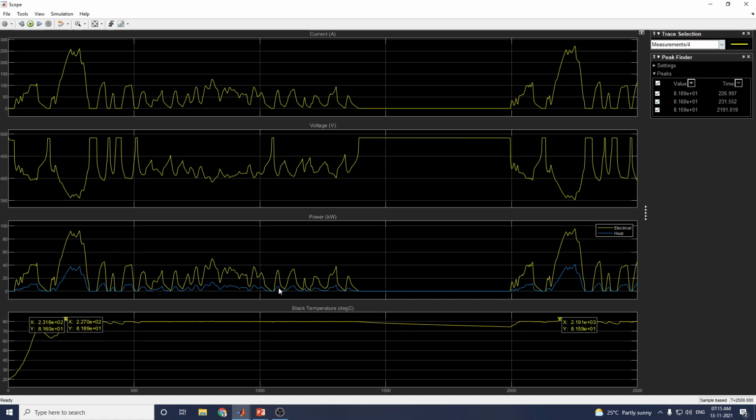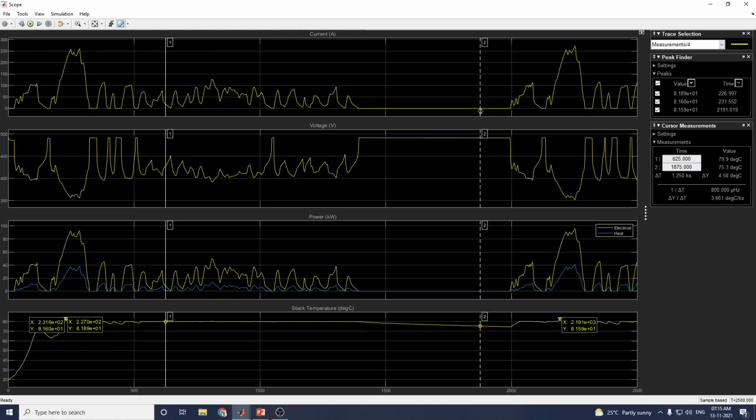Finally, this is for measurement 4, the electrical stack temperature, fuel cell stack temperature. Similarly, by using this tool menu you can see the cursor measurements. Wherever you place the cursor, you can see the measurement units in terms of degrees. For example, in this measurement we are seeing the stack temperature, measurement 4. Selecting measurement 4 is called the stack temperature.